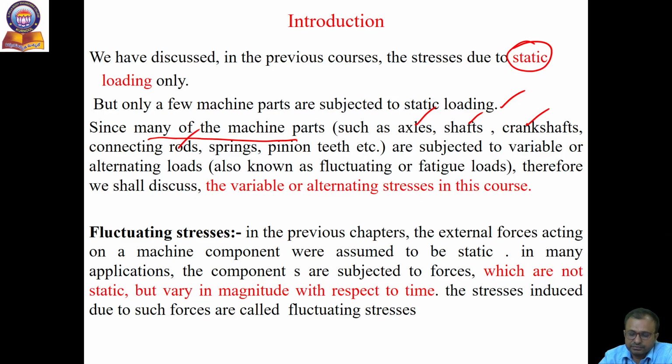Now we discuss variable or alternating stresses in this video. Fluctuating stresses: already we have assumed that the loads acting on mechanical parts are static. In many applications, the components are subjected to forces which are not static but vary in magnitude with respect to time.